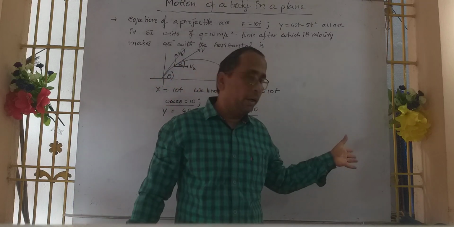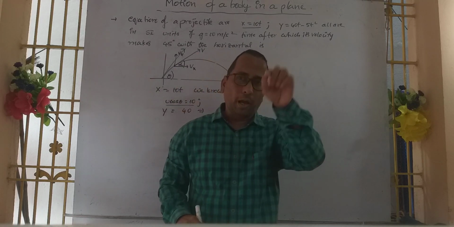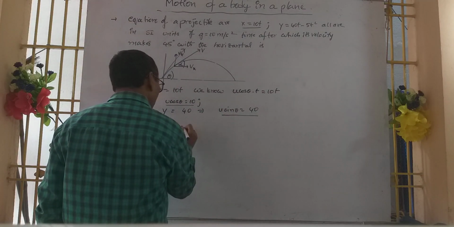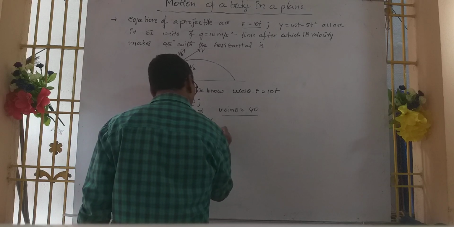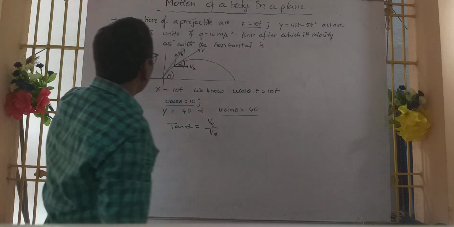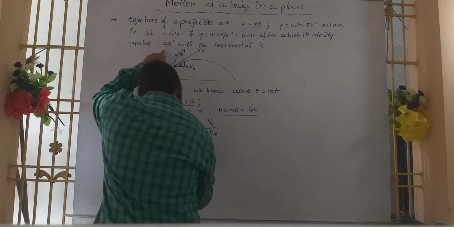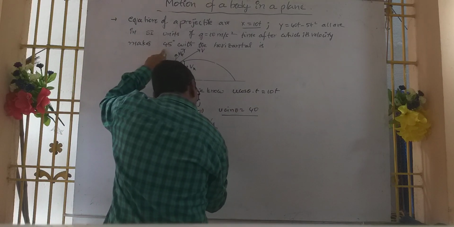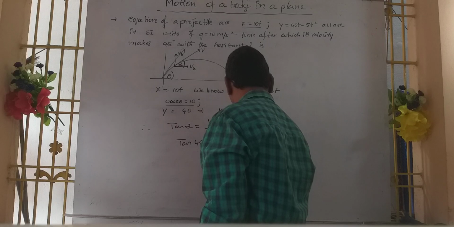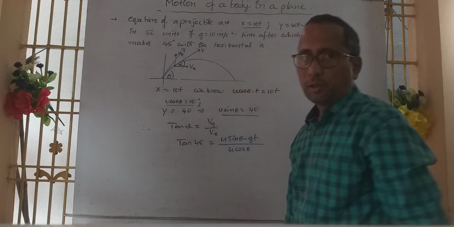As already explained, v is equal to root of vx square plus vy square, and the tan alpha formula: tan alpha is equal to vy by vx. Alpha is 45 degrees. That's why tan 45 is equal to vy by vx, where vy means u sin theta minus gt, and vx means u cos theta.